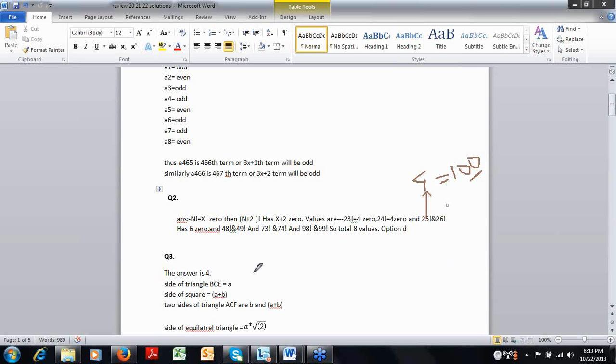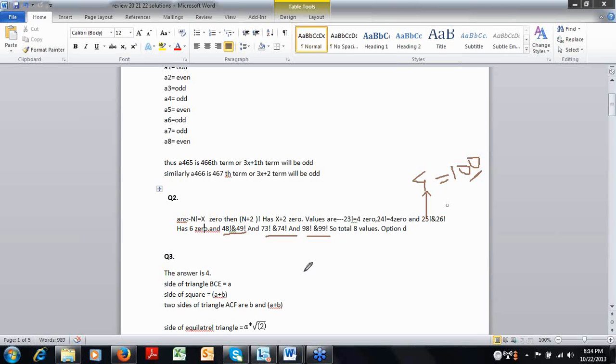Okay. So similarly, if you see 48, 49, and then similarly we have 73, 74, and 98, 99. This kind of iteration will follow.